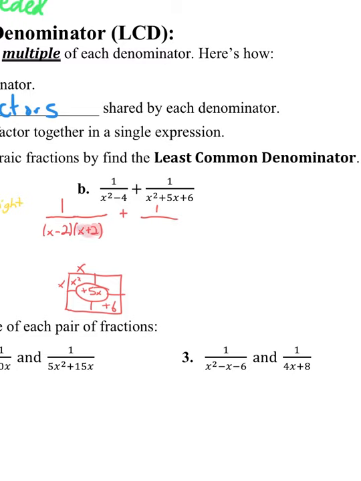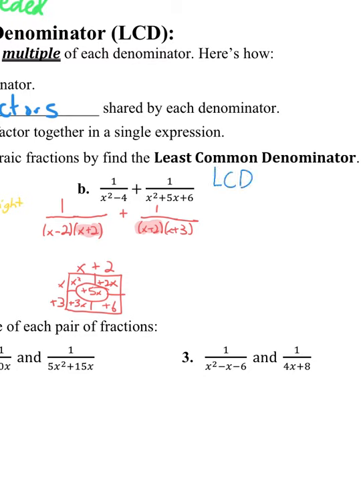So I'm hoping there's an x plus 2 here. And if I did that, that would make this an x plus 3. X plus 2 times x plus 3 is positive 6, and I get a positive 3x, a positive 2x, and sure enough, I did get an x plus 2, which is nice because that means I'm going to have a common factor in both parts of the denominator.